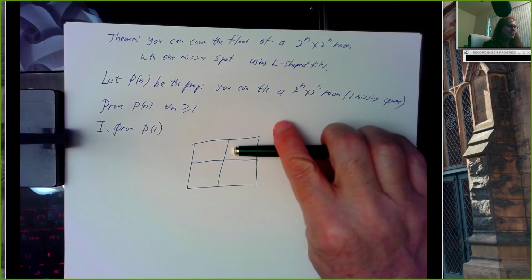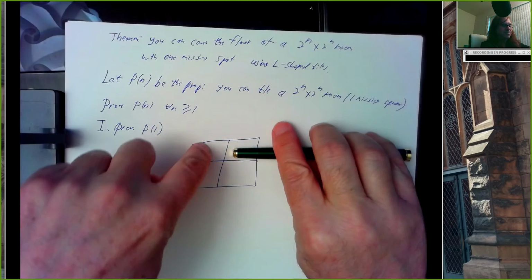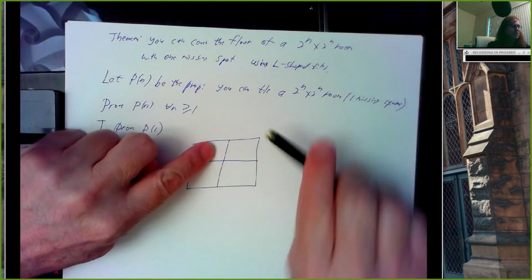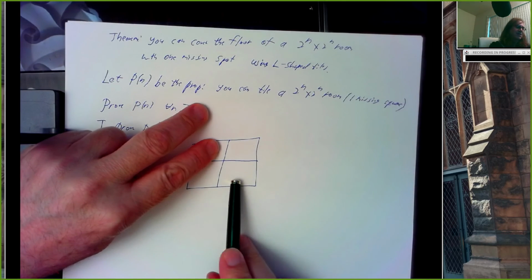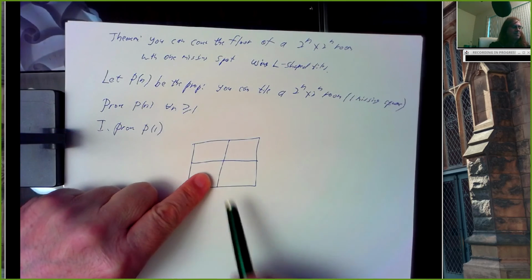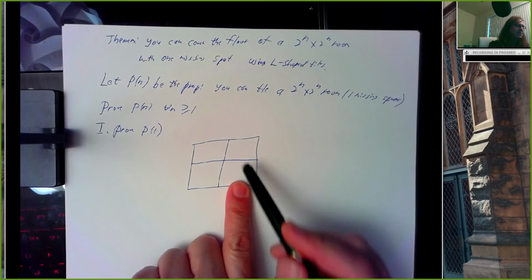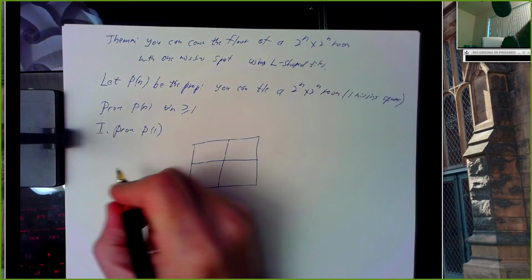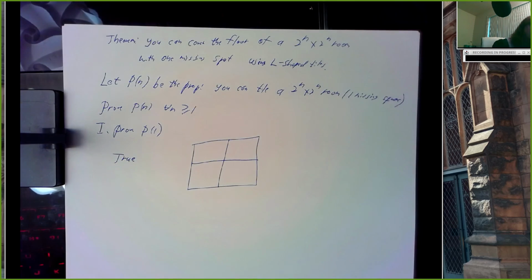If this corner is missing, we take our L-shaped piece and we just plunk it down right here and we're done. If this corner is missing, we take our L-shaped piece like this and we're done. And if this is missing, we put it like that. And if this is missing, we put it like that. So whichever tile is missing, we can always tile this 2 by 2 room with an L-shaped tile. And so P of 1 is true, just by inspection.